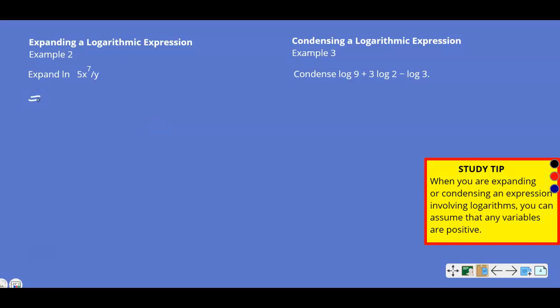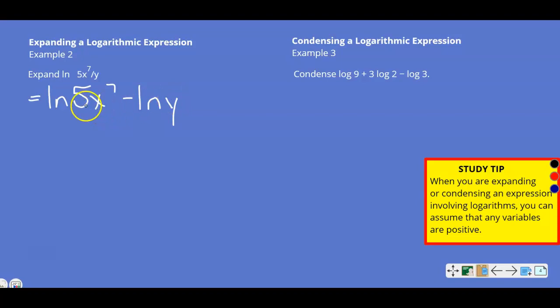So we're going to say this is equal to log. We're going to use natural logs this time. Natural log of 5 x to the 7th, and then minus log of y. That's just taking this division, rewriting it as a logarithm, and using subtraction. That's the quotient property.